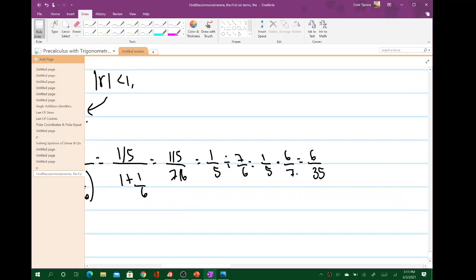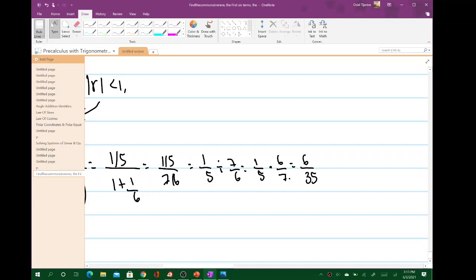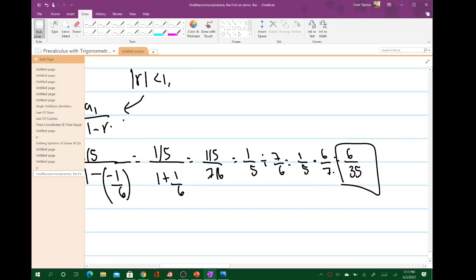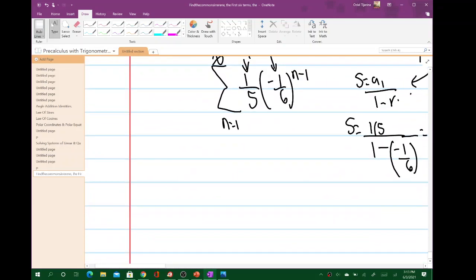And yes, that's it. So therefore, the formula is the following. It's the sum from n equals 1 to infinity of 1/5 times negative 1 over 6 to the n minus 1.